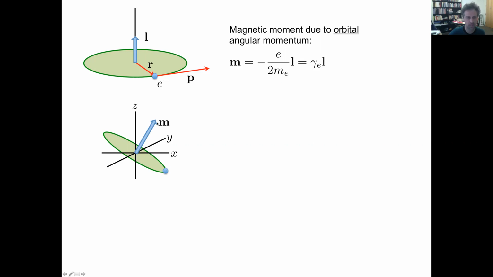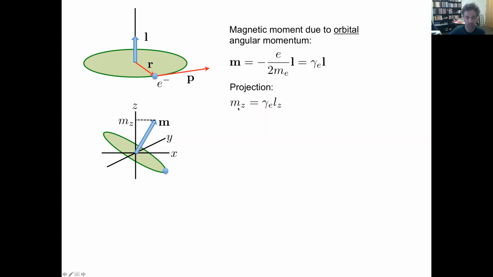But as we have seen with quantum mechanics, we can always make a projection onto our chosen axis, which is the z-axis, and then look at the projection of this vector onto the z-axis to determine the magnitude. That is called m_z. That is the projection of the magnetic moment onto the z-axis. So m_z is the magnitude of the projection of the magnetic moment on our chosen axis z.